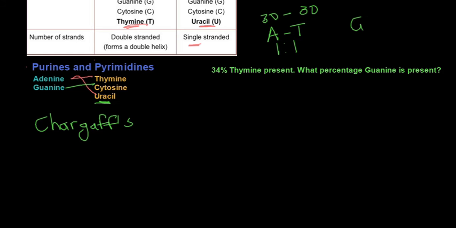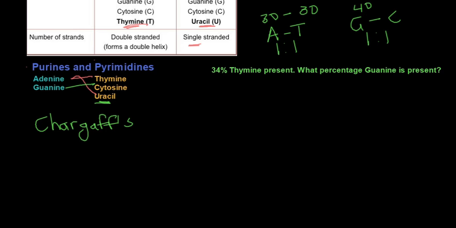Same thing with guanine. If there's 40 guanines, it means that there has to be 40 cytosines, because the ratio is 1:1. So they can give you a percentage. They'll tell you 34% of the strand is thymine. Then they can ask you what percentage guanine is present.